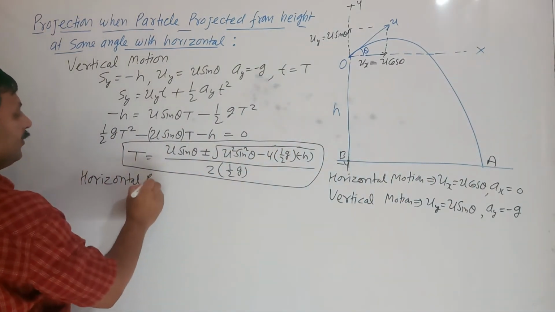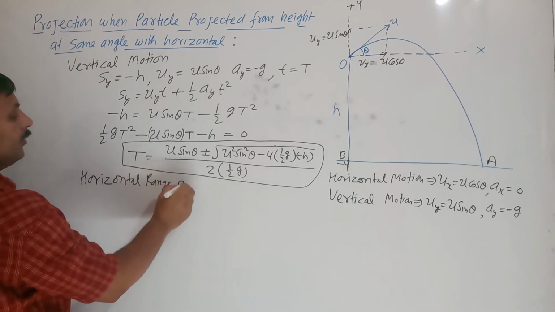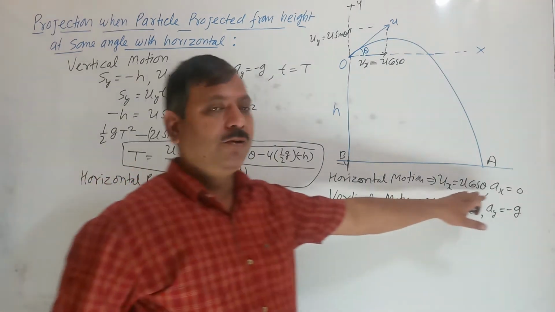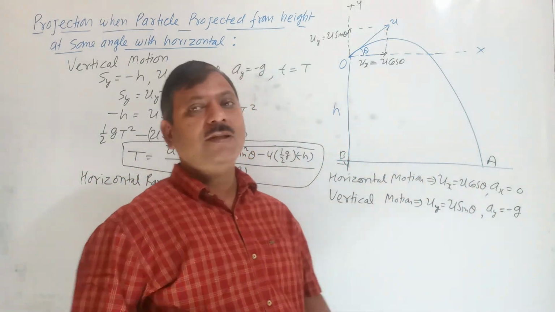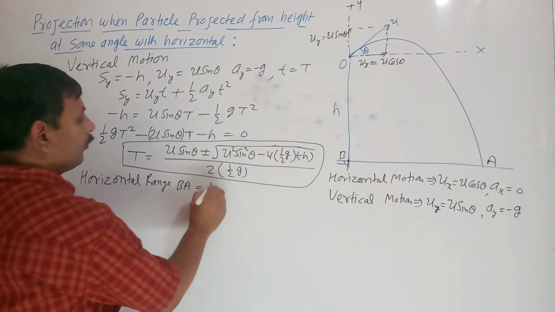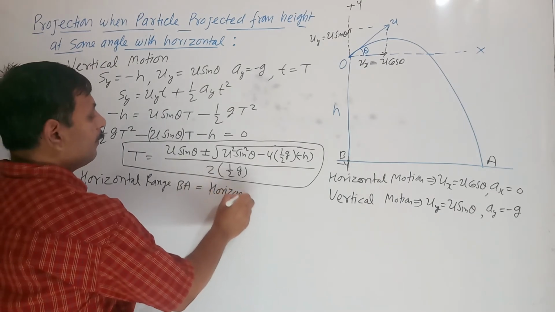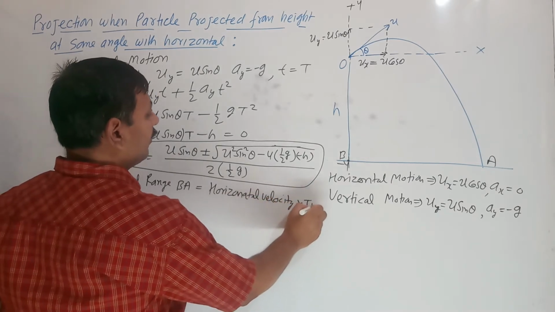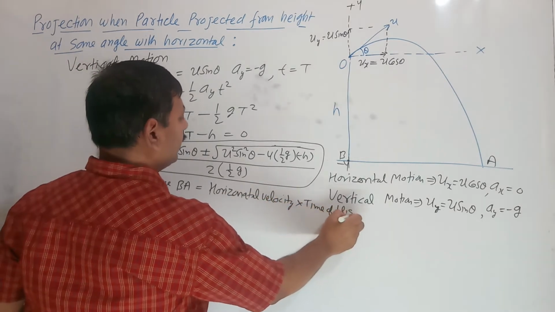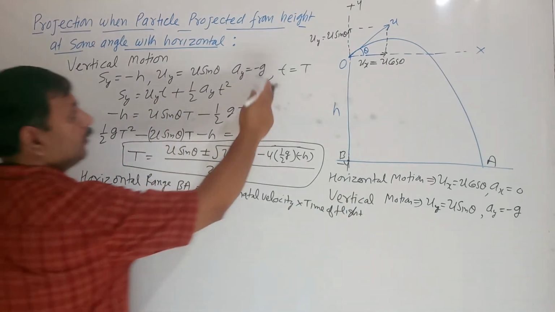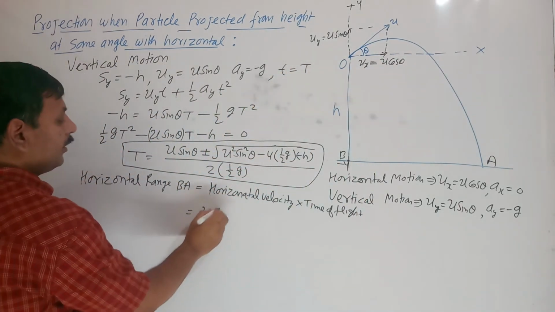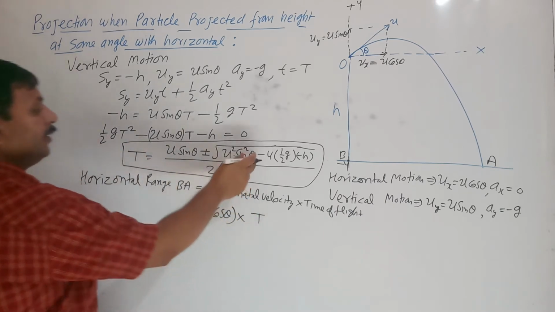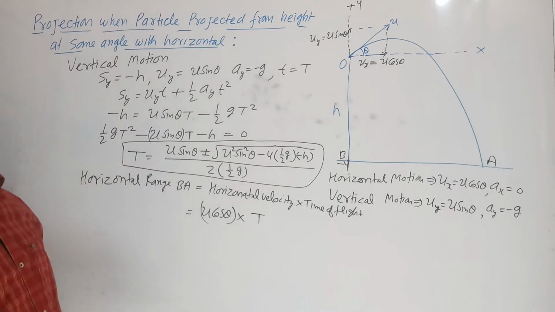So the horizontal range BA is equal to horizontal velocity into time of flight, since there is no horizontal acceleration. The constant horizontal velocity is u cos theta, into the time of flight you found from this equation. So this will be the horizontal range.